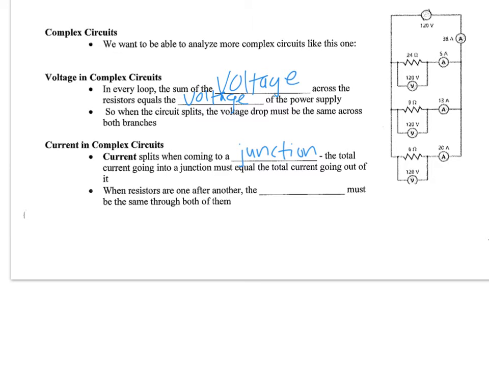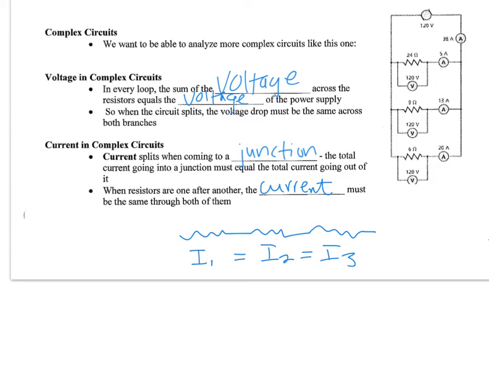When resistors are one after another, the current must be the same through both of them. So in other words, resistors that are in series will have the same current. So the current here equals the current here, which equals the current here.